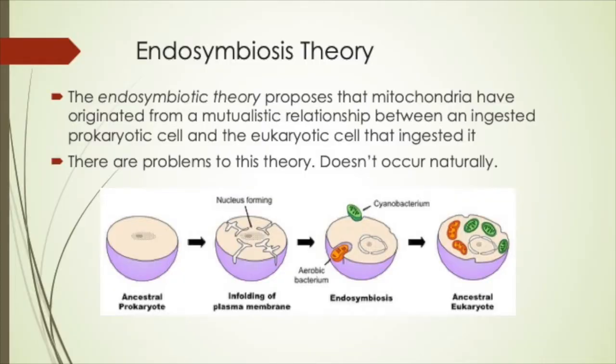So in the beginning, how did mitochondria get introduced into the cell? Because it has a double membrane and it's not really a part of the system.